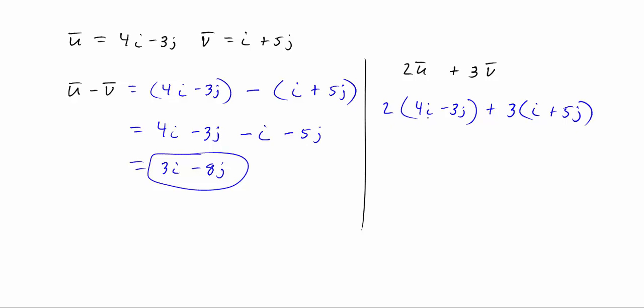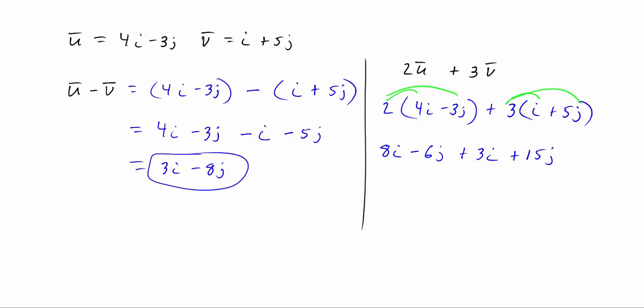And the first thing is we would get rid of the parentheses by distributing the 2 and also distributing the 3. So we would end up with 8i minus 6j plus 3i plus 15j.